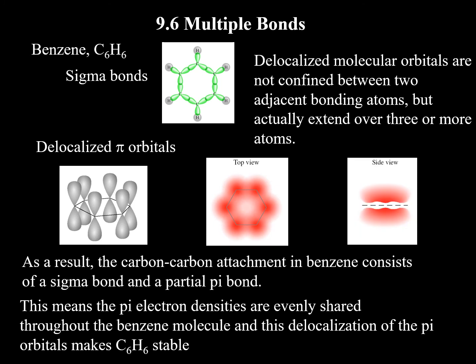So here again is benzene, C6H6. We have the double bond, the single bond, double bond, single bond, double bond. This is the side view, and double bonds live above and below the plane. As we talked about earlier, the double bond is stronger than the single carbon-carbon bond, so this makes benzene relatively stable.